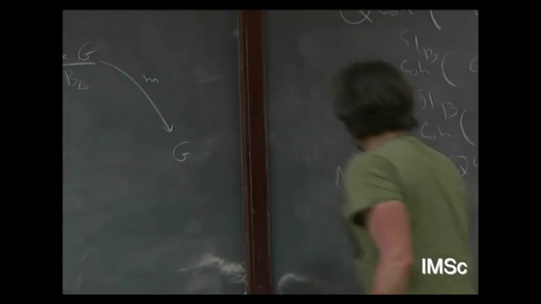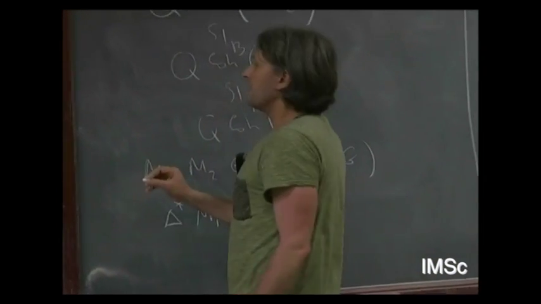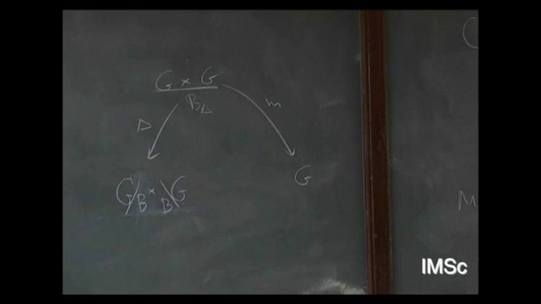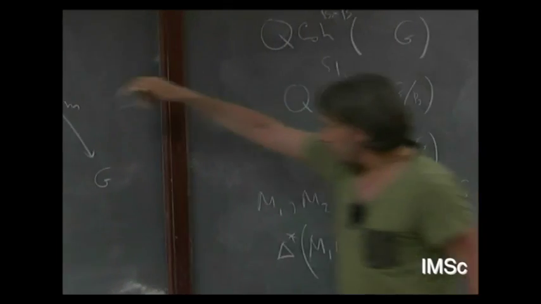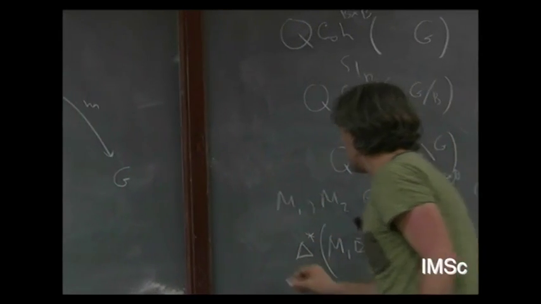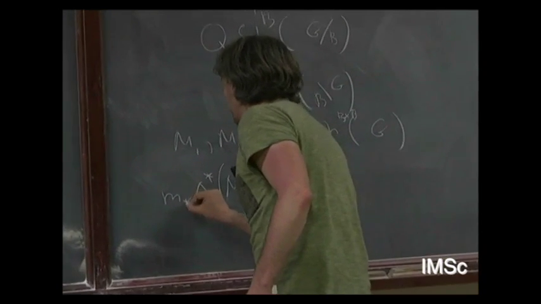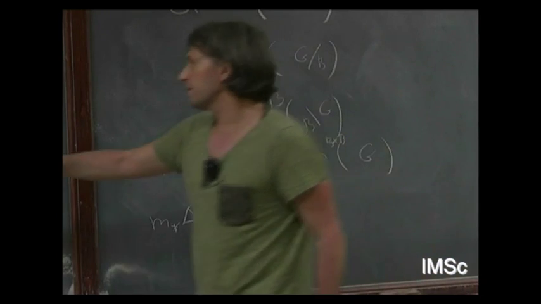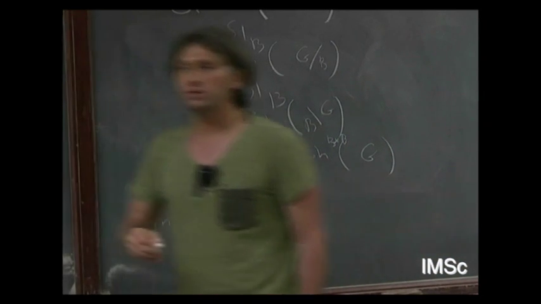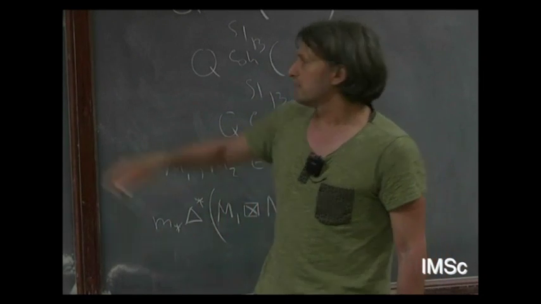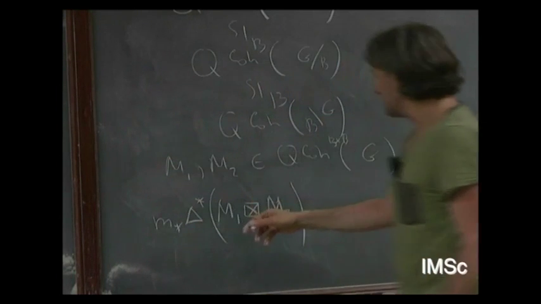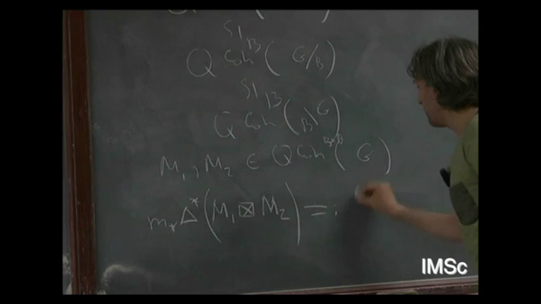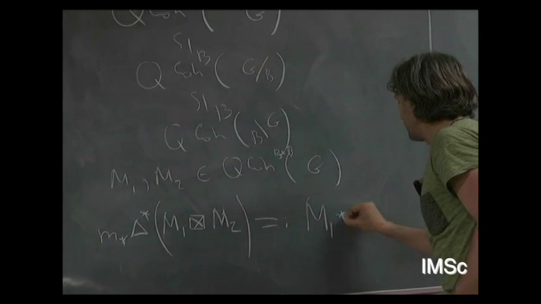Now it sits here, and two equivariances remain. And then I'm pushing forward. Remember that all these operations are derived. In fact, this operation is exact, so you don't need to take the derived one, but this one is not. And this is my definition of the convolution of M1 and M2.